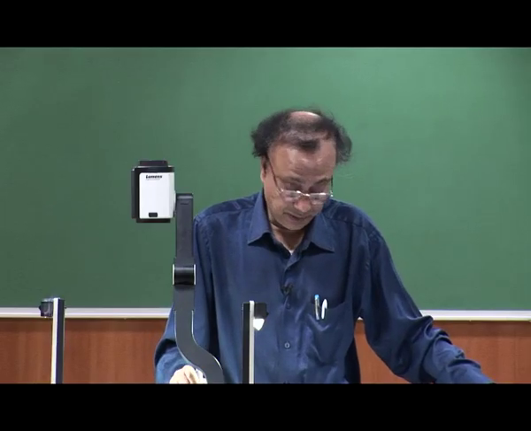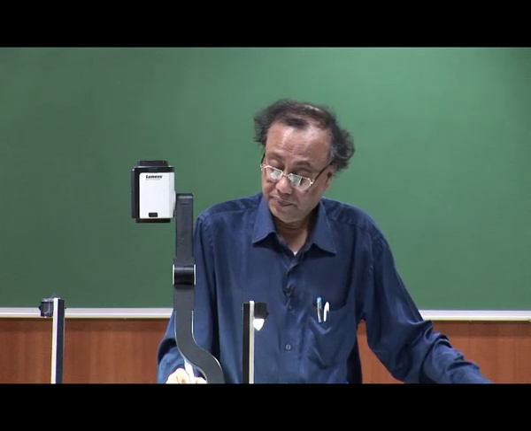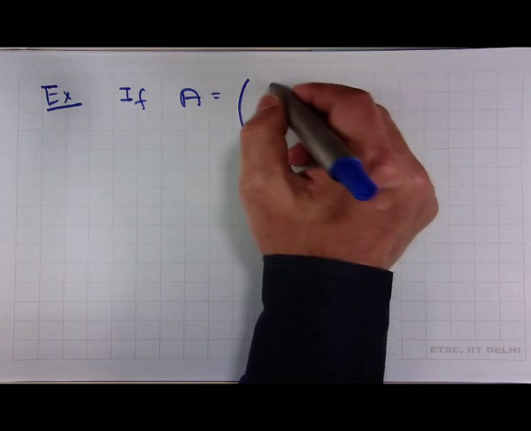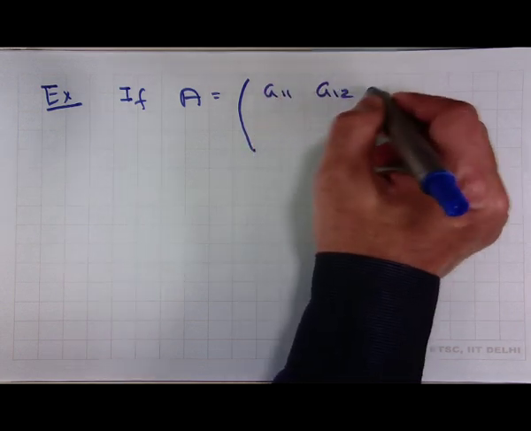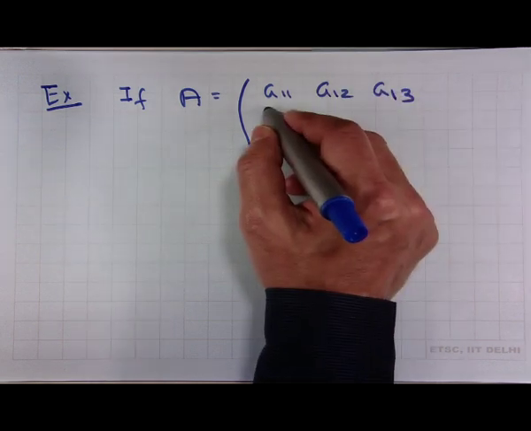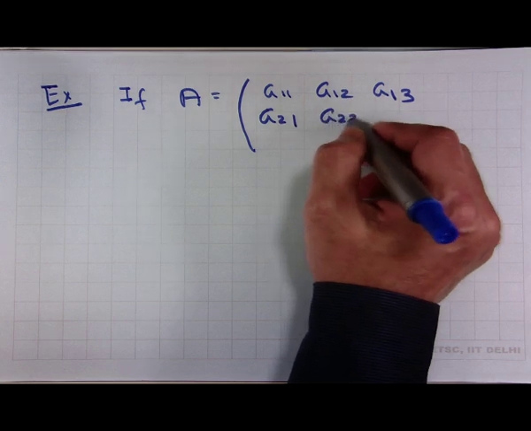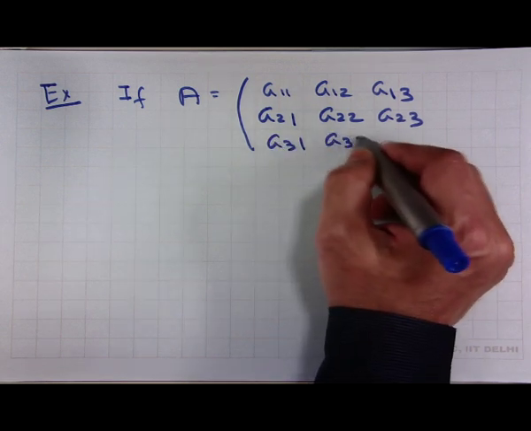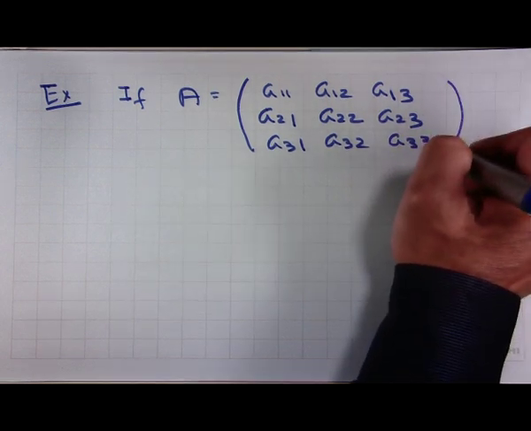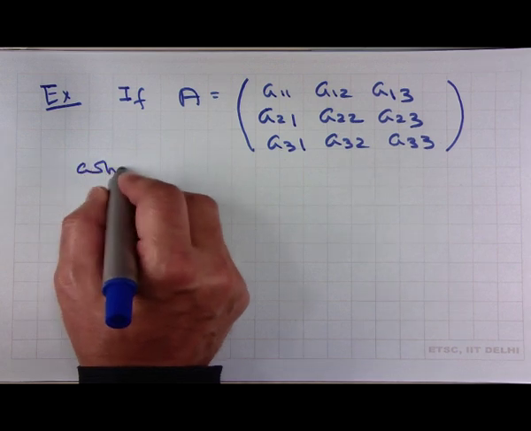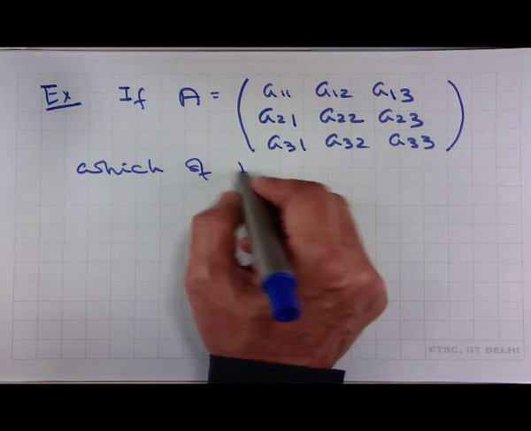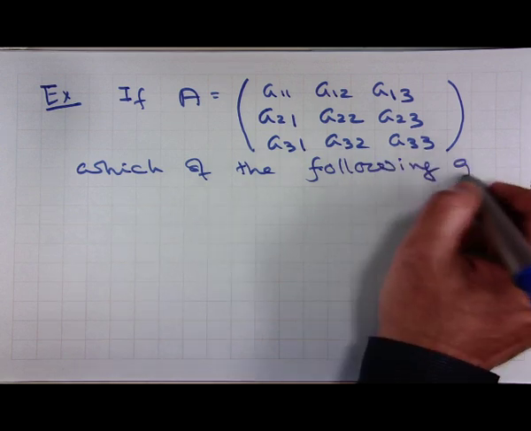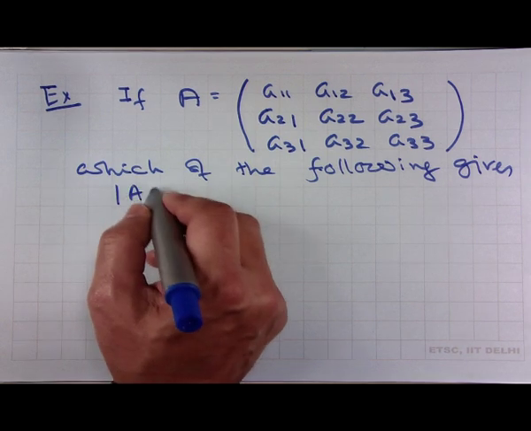Let me ask you a simple question. If A is the 3 by 3 matrix with entries A11, A12, A13, A21, A22, A23, A31, A32, A33, which of the following gives determinant of A?